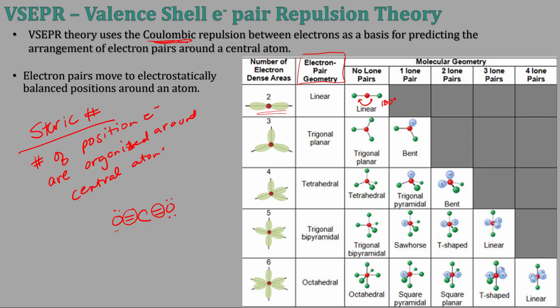Now, when we have a steric number of 3, we have some options. With a steric number of 3, the electron pair geometry is trigonal planar. Electron pair geometry is different from molecular geometry because we're looking at the electrons as well.